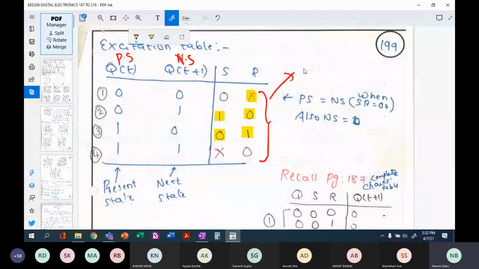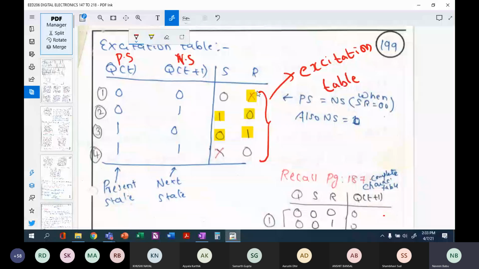Now, what you should remember is, in case you can remember the characteristic equation, that is fine. Otherwise, you have to remember the excitation table, right? This will come by practice. As you solve more and more examples, you will automatically remember what the SR values will be for given excitation values. Right now we will attempt to remember, and over time by practice you will get it.